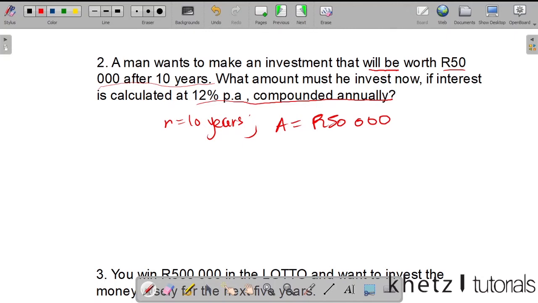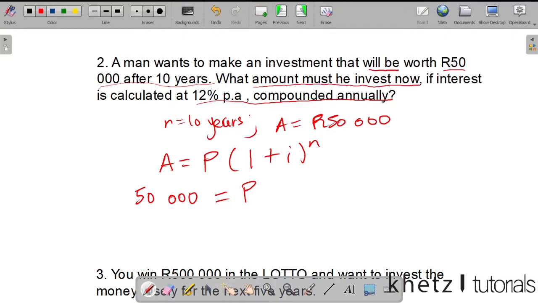So for that, we just use the compound interest formula where your n would be the number of years. Our expected accumulated value is 50,000 rands. So we want to find this P, the amount that he must invest now, so that he gets that 50,000 rand return in 10 years.